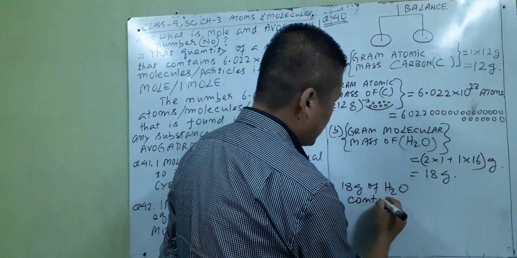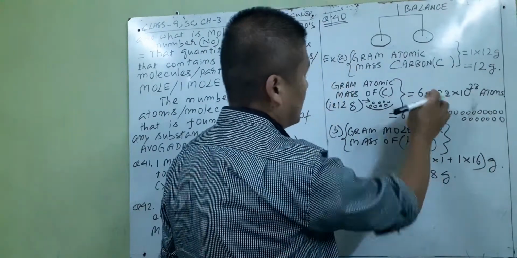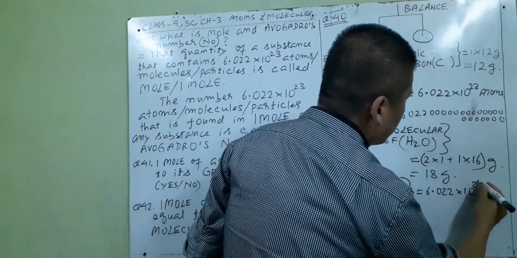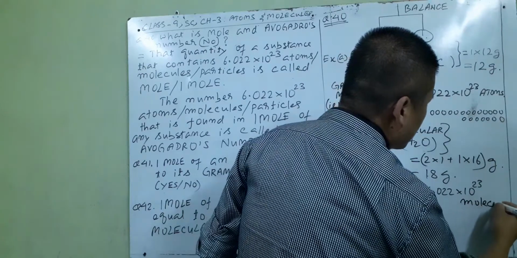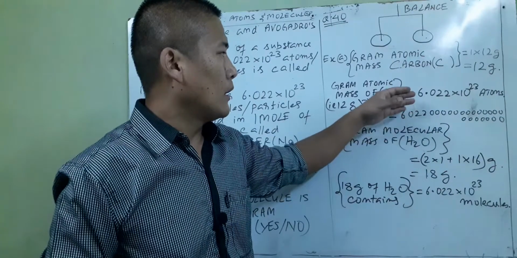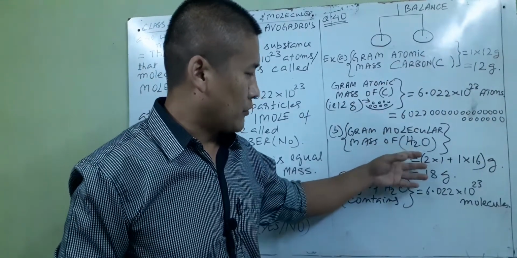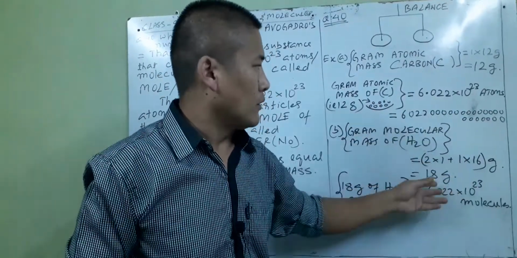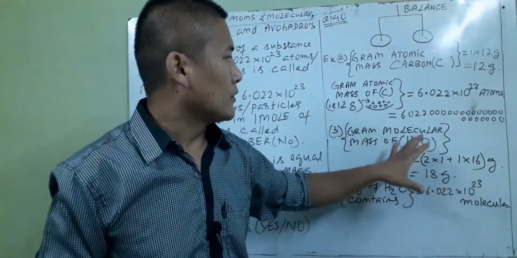Again, just like carbon, it contains the same number of particles here, 6.022 into 10 to the power 23, but this time they will be called molecules. So this is interesting because you're getting the same number. Every time you take the gram atomic mass of an atom or the gram molecular mass of a molecule and count the number of atoms or molecules, you get the same number of particles.